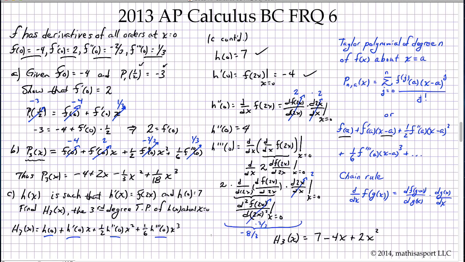And what's our last? 1/6 of h triple prime of 0. h triple prime of 0 is negative 8/3. That'll be negative 8/18 x cubed. And what do we know about 8 over 18? Well, we can simplify that just one more step as 4 over 9.